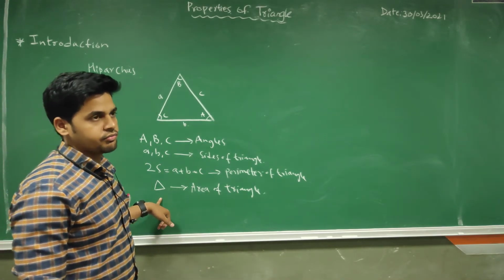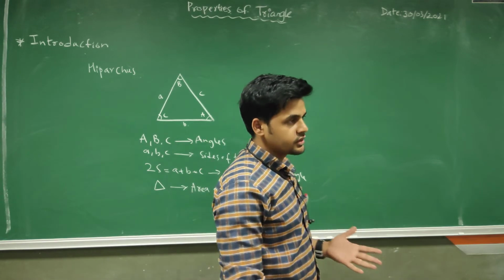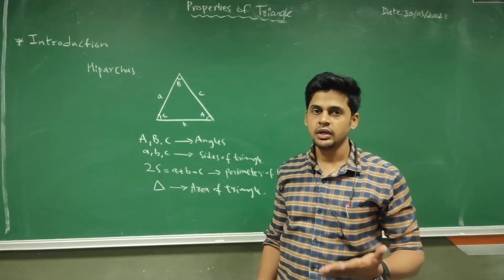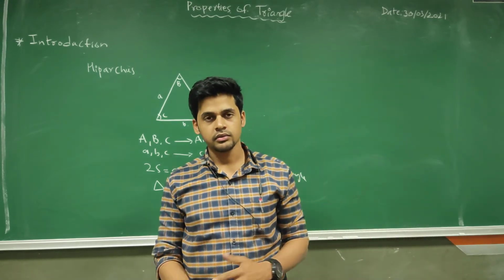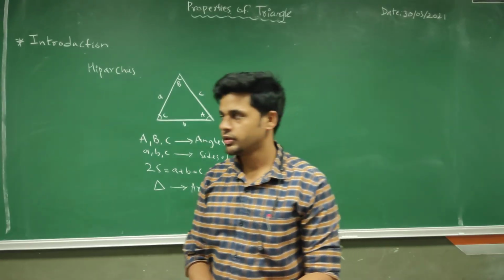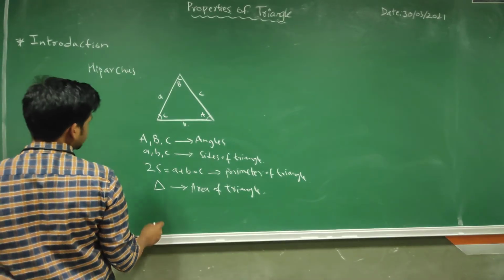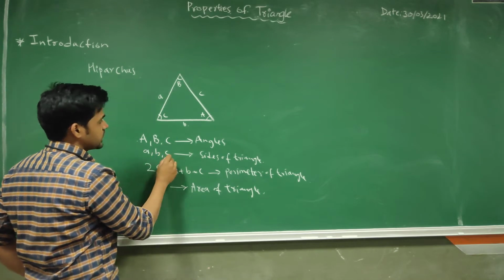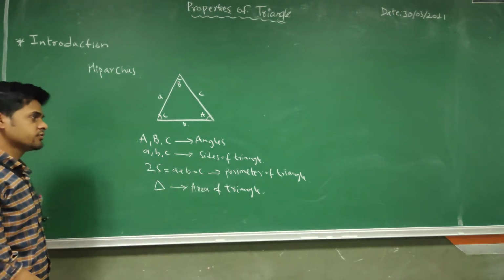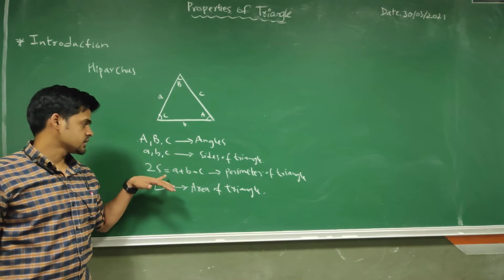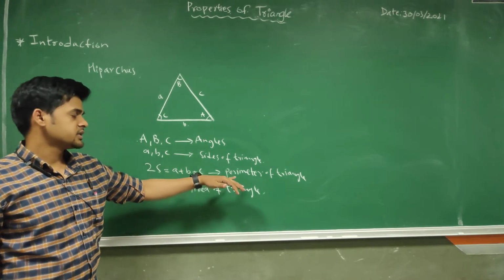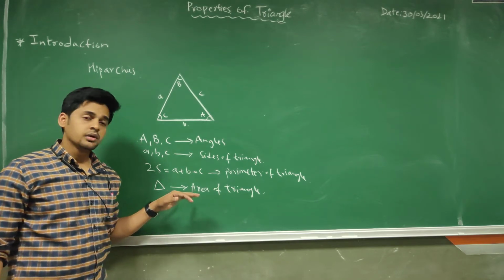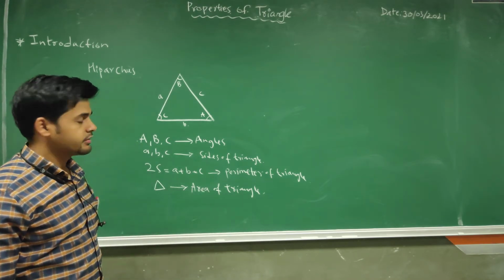We already studied similar triangles and the Pythagoras theorem, so I don't think I should repeat all those things. Just remember capital ABC can be used for angles and small abc for sides of the triangle, 2s is equal to a plus b plus c, which is nothing but the perimeter of the triangle, and delta is used for the area of the triangle.